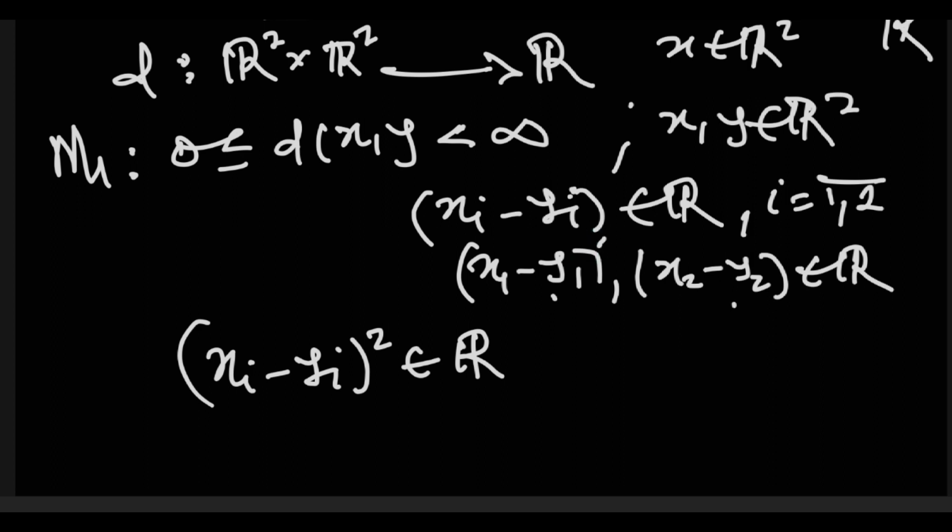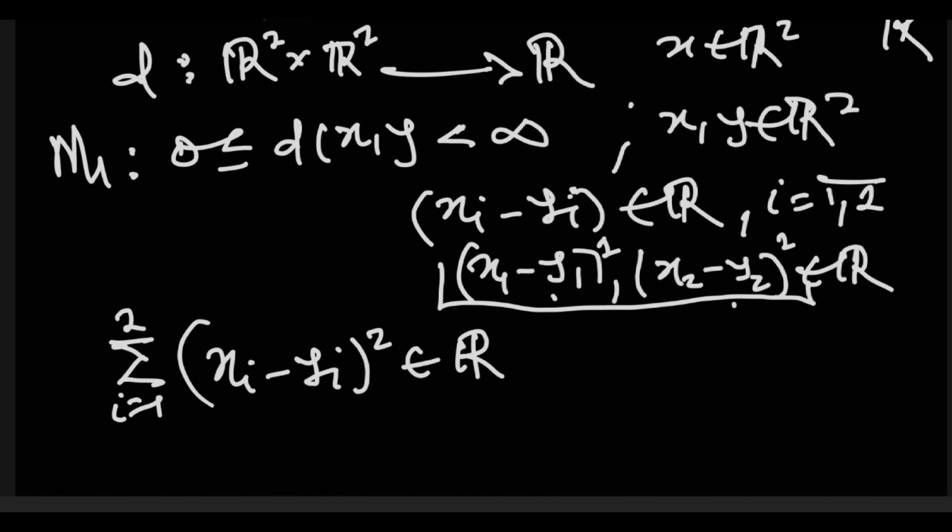Then you find the summation of these numbers, that is, you add these two numbers together, i from 1 to 2. And if it is from 1 to n, it is the same way, just that you sum these n times, but these are just two components. Two real numbers, when you sum them together, will also be a real number.